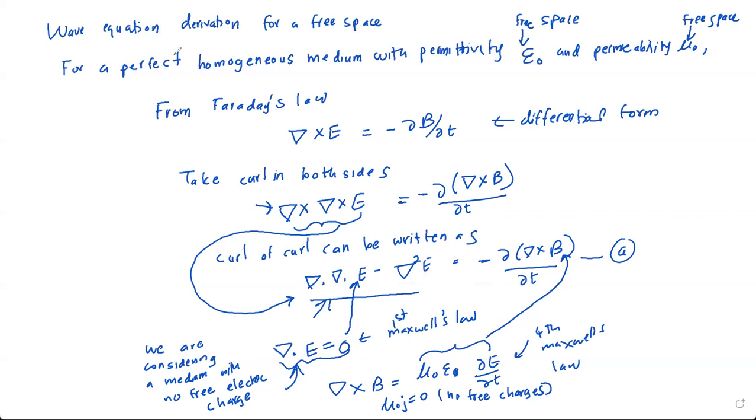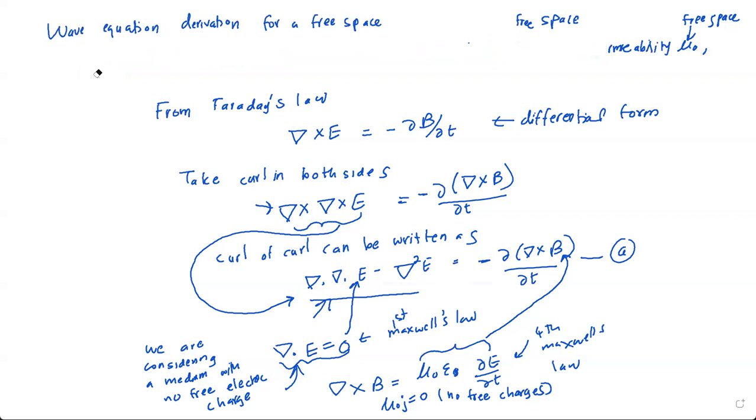I will write the simplified equation at the top, where this is minus Laplacian E equals mu naught epsilon naught times the second derivative of the electric field with respect to time.